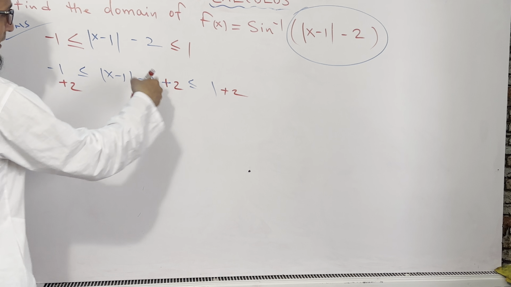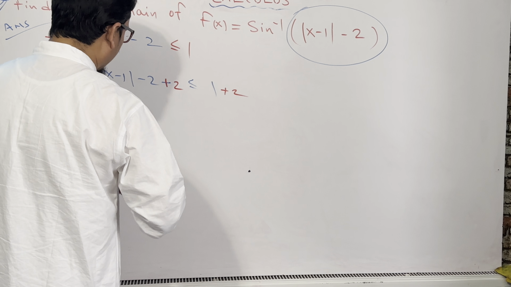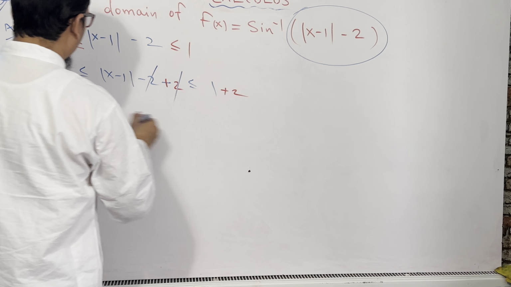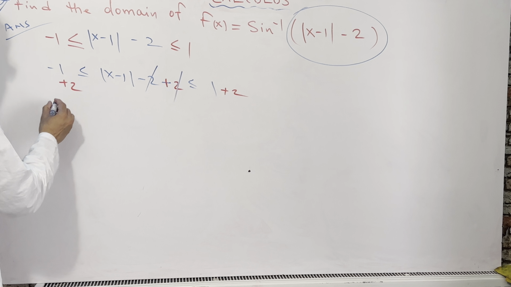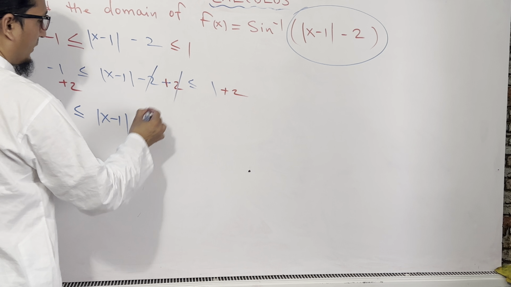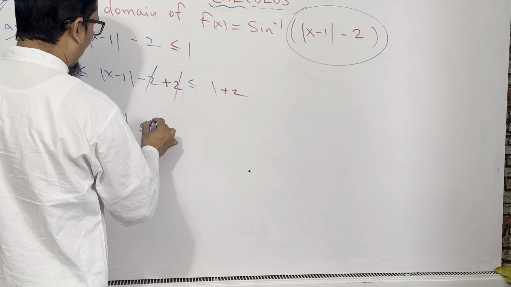Why? So that we can cancel out this minus 2. Minus 2 plus 2 cancels. So you have minus 1 plus 2, this is 1. And here you have mod of x minus 1. And this is 2 plus 1, 3, right?